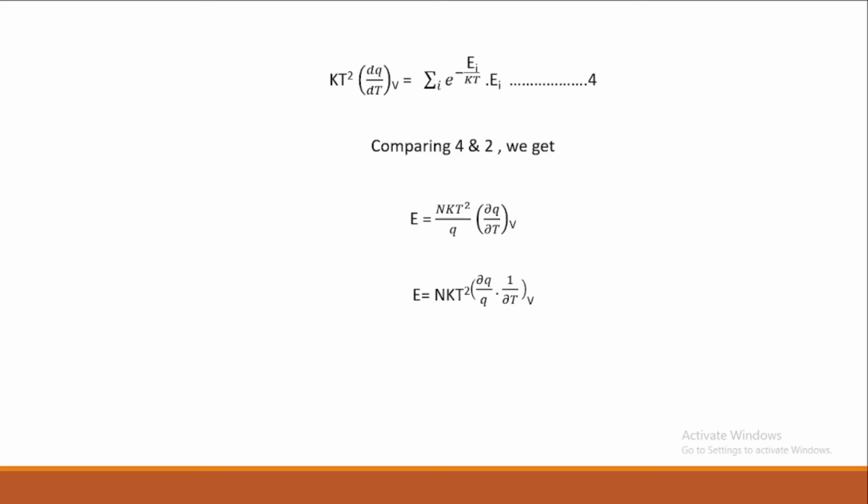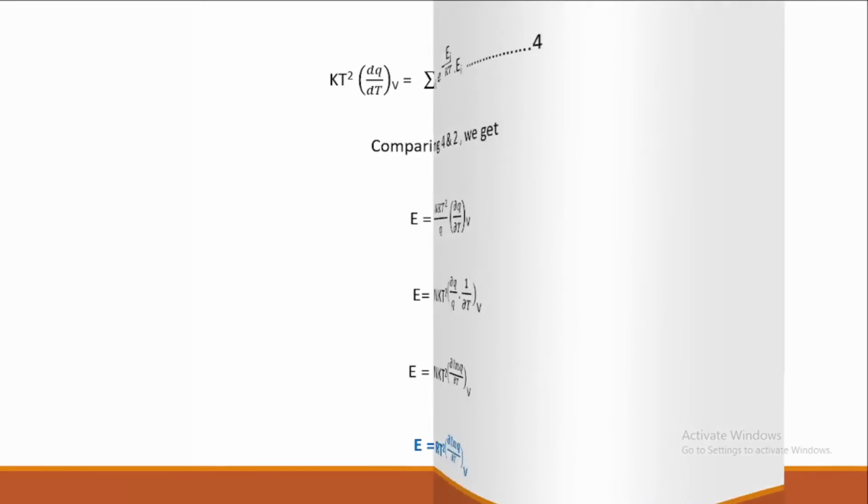We can arrange it like this: dou Q by Q into 1 by dou T can be dou ln Q divided by dou T at constant volume. So this is a differential rearrangement. You know that N number of moles into K, the Boltzmann constant, is equal to R. So N into K is equal to R. So E is equal to RT square into dou ln Q by dou T at constant volume.